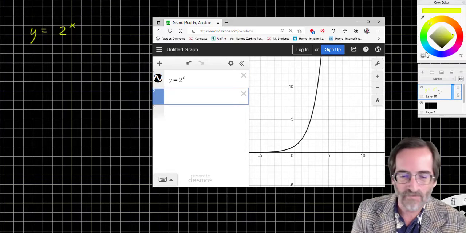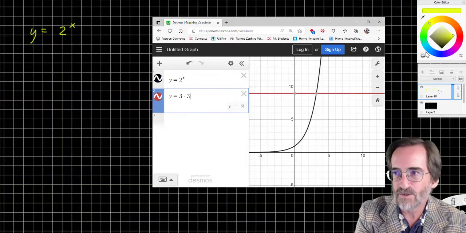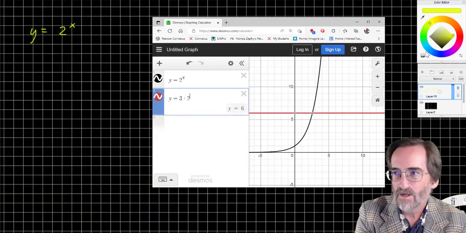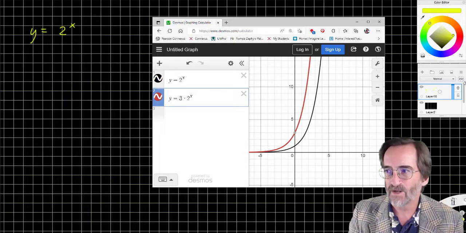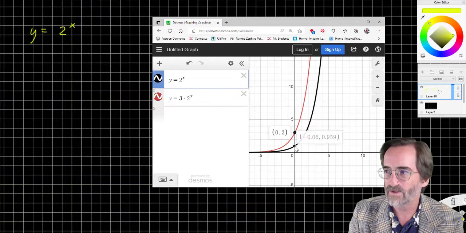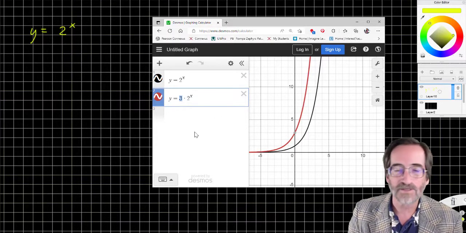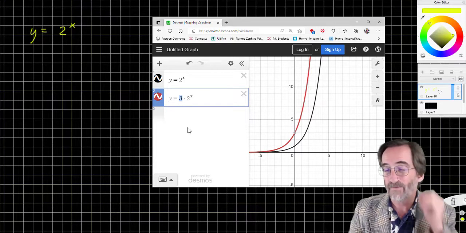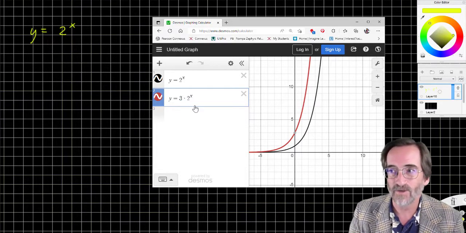So for example, if I say y equals 3 times 2 to the x, that 3 times is going to stretch it vertically, and now it's not going through the y-intercept at 1, it's going through at 3. Okay, so you can also think of this as the start value, like in y equals mx plus b, where b is the y-intercept. Here is a y-intercept right there.